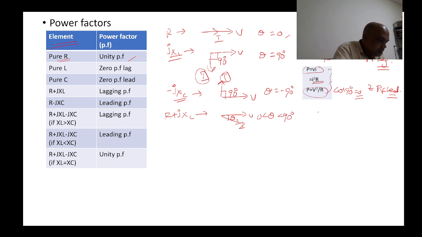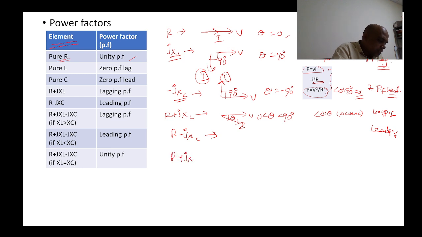So cos theta varies between 0 and 1. That's why it is lagging power factor, not 0 or 1. Simply lagging power factor. R minus jXC is the same thing, leading power factor.